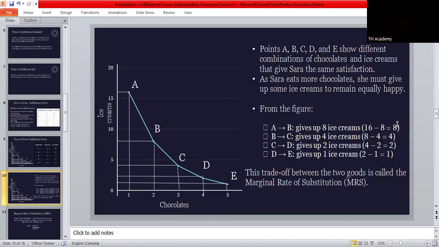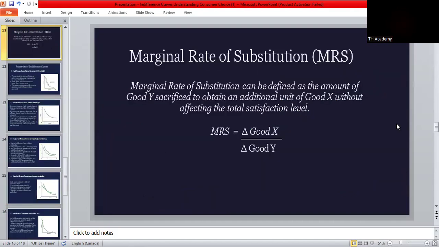Now, understanding what is marginal rate of substitution with the help of its formula. Here we go. The marginal rate of substitution is the amount of one good a consumer is willing to give up to get one more unit of another good without changing their total satisfaction.